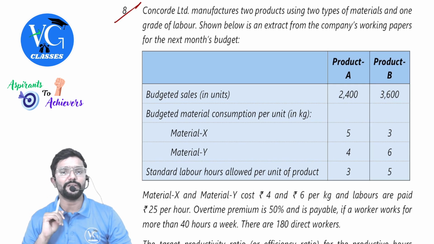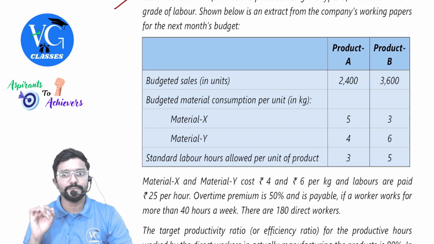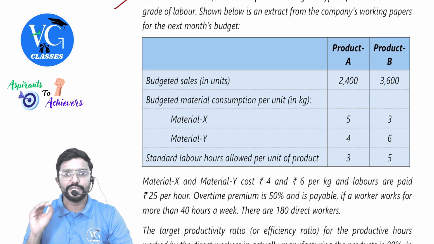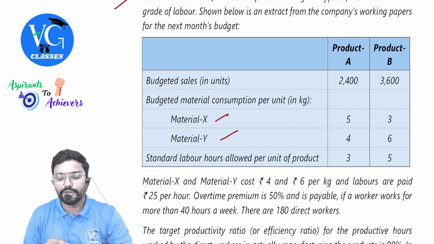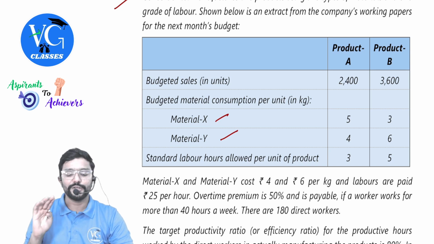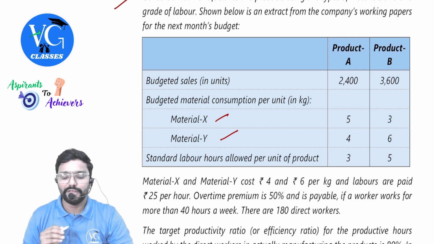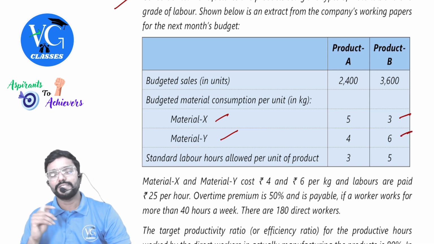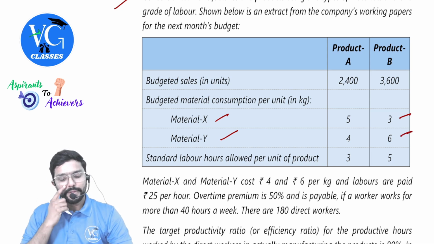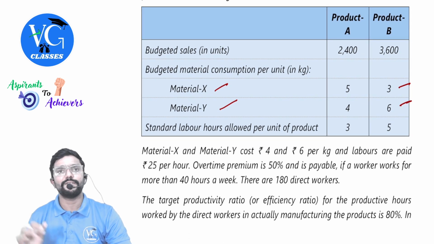Product A and product B, they manufacture two products. Budgeted sales in units, budgeted material consumption per unit in kg. For each unit of A, I require 4 kg of X and 4 kg of Y. For each unit of product B, we require 3 kg of material X and 6 kg of material Y. Standard labor hours allowed per unit of product are 3 hours and 5 hours.